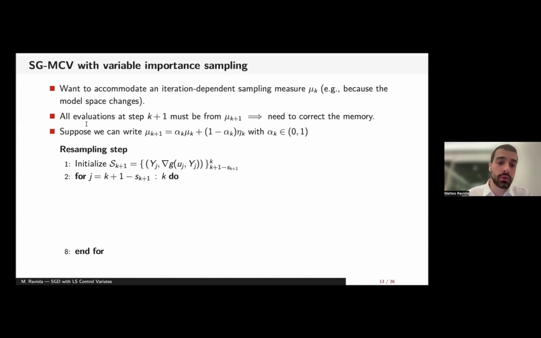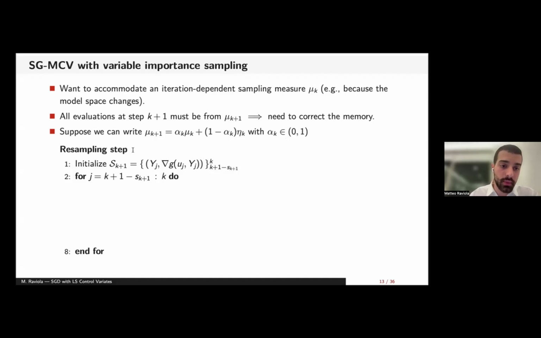And so what we do is, suppose we can write the measure at step k plus 1 as a mixture of the old measure mu k plus a new measure eta k, with a parameter alpha k in 0, 1. And the resampling step is the following.